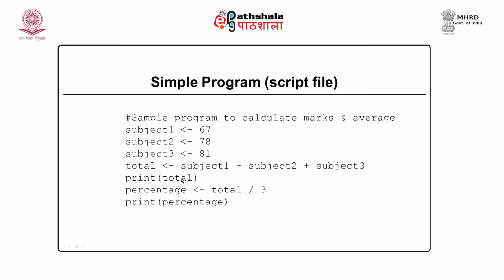By typing print total, it will display the total of these values. Further, if I want to calculate the percentage, I will use total by 3, this is the division sign. So, it will calculate the percentage, or the average of marks for the 3 subjects, and finally, I am printing the percentage.